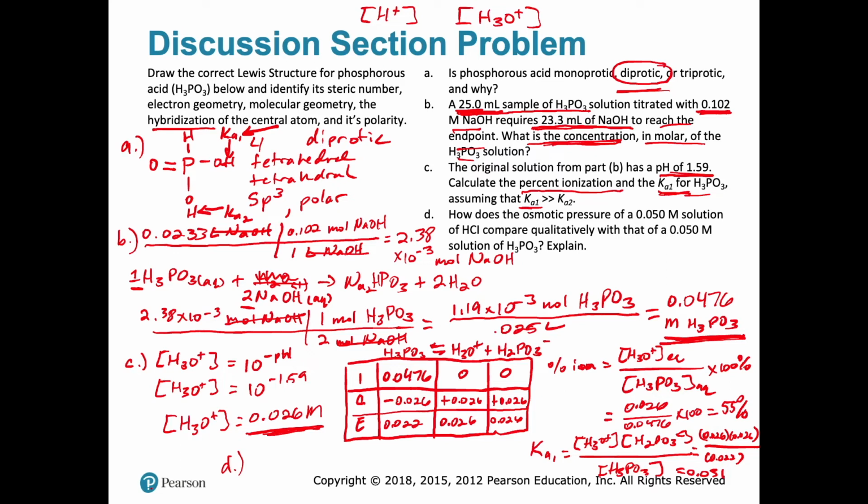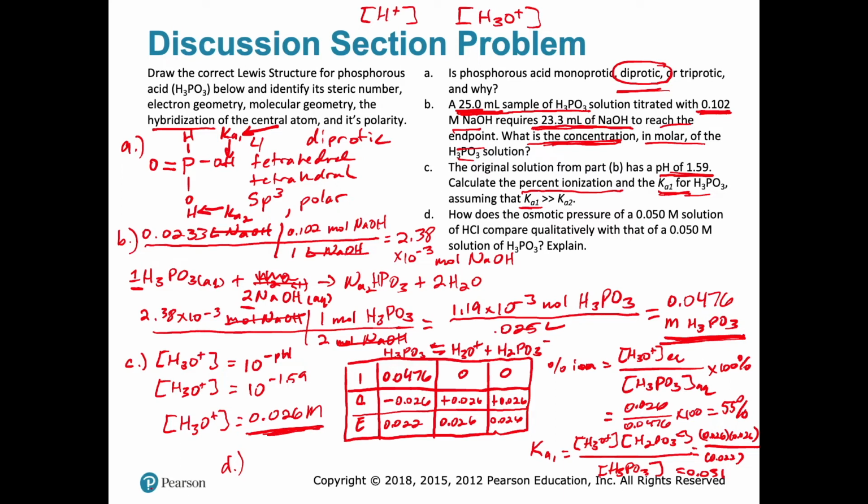But what did I say about hydrochloric acid? What kind of acid is hydrochloric acid? So phosphorus acid is a weak acid, right? So it only ionizes 55%. Yes, hydrochloric acid is a strong acid. It ionizes 100% of the time, right? Which means that the osmotic pressure of hydrochloric acid is going to be way higher than the osmotic pressure of phosphorus acid, right?